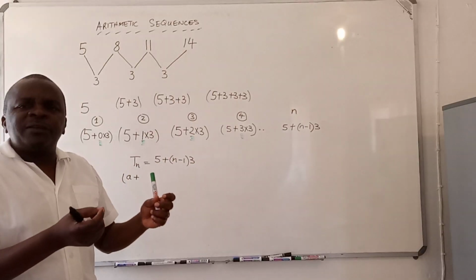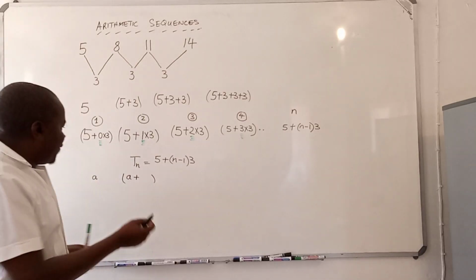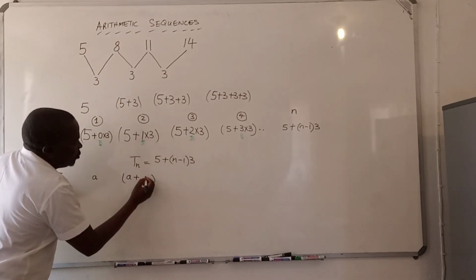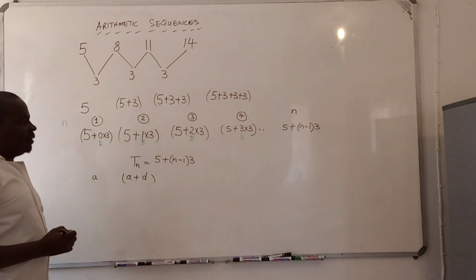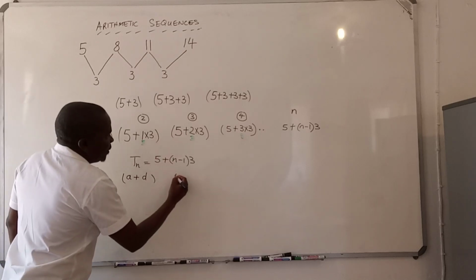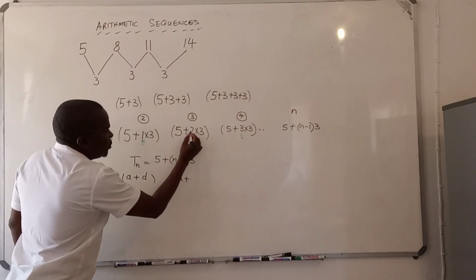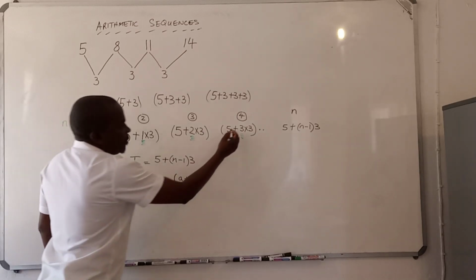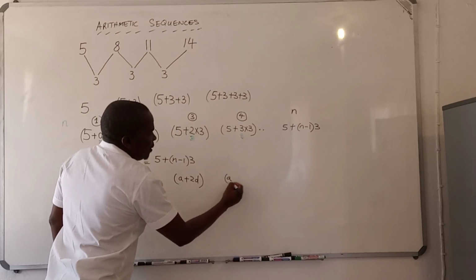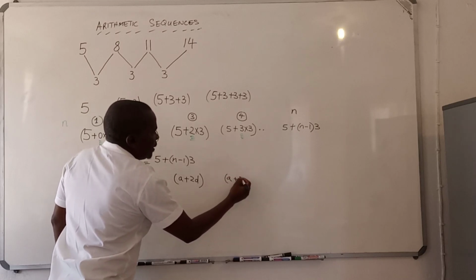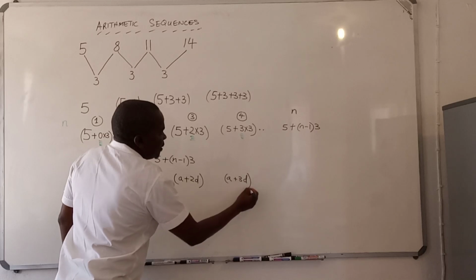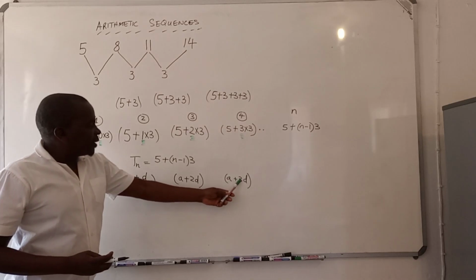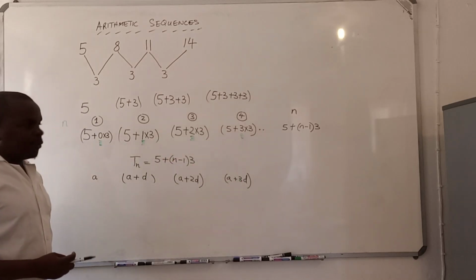This difference can be positive or negative, but for generalizing purposes, let us use the letter D here. 1 times D will simply give us D. And then the third term will be A plus 2 multiplied by D. Term number 4 will be A plus 3D. If you check now, these coefficients 1, 2, and 3 are always 1 less than their position.